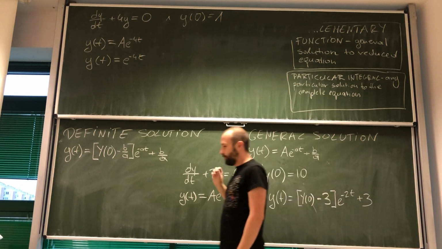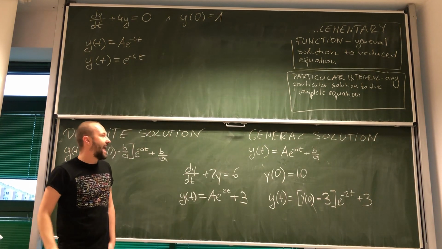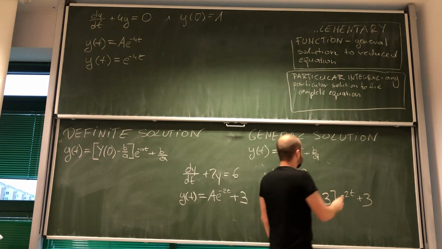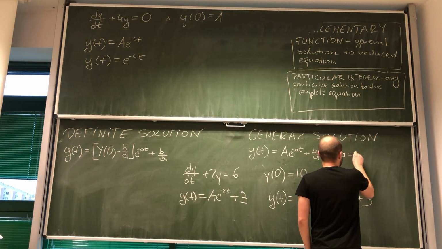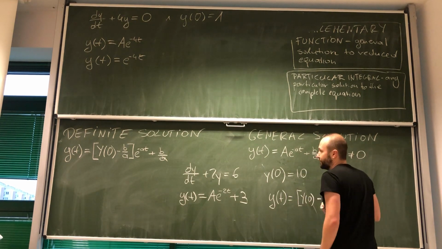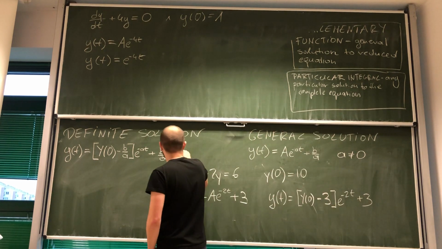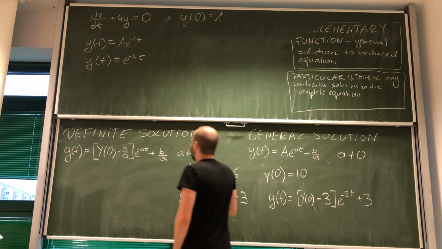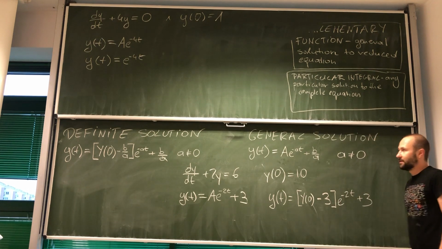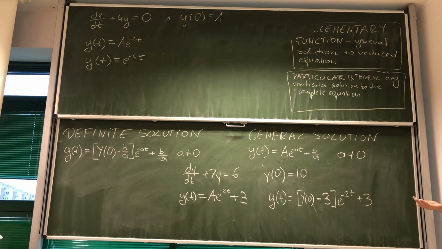If b is divided by a, this means that a must be different than 0, in both cases. But what if a is equal to 0? Well, this is going to be the topic of our next video. Take care.